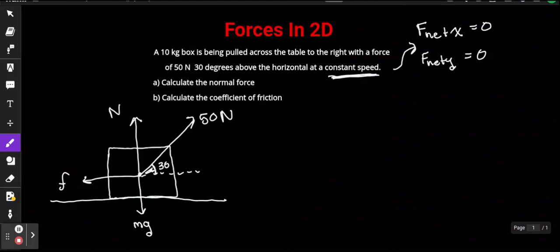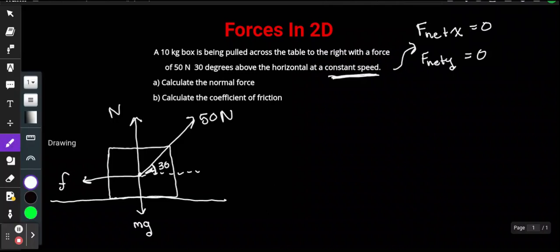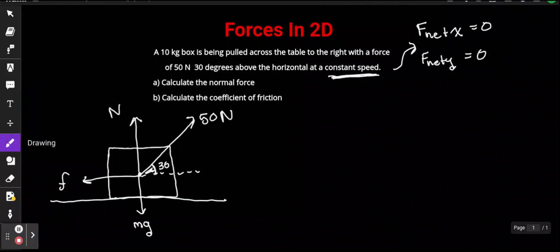So in this case, our normal force wouldn't equal mg because there is another force acting in the y component. What we have to do is figure out all the y components by figuring out the F net in the y. Taking up to be positive and down to be negative, let's calculate the y component of our force.